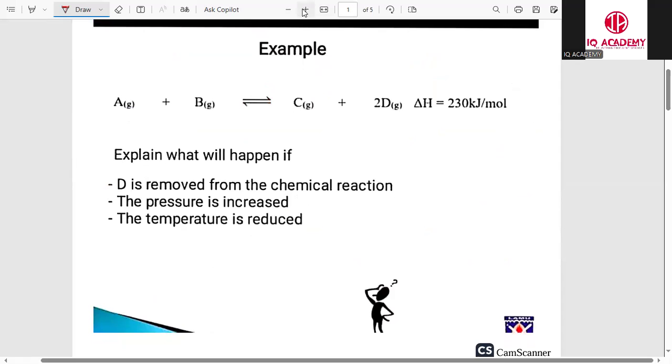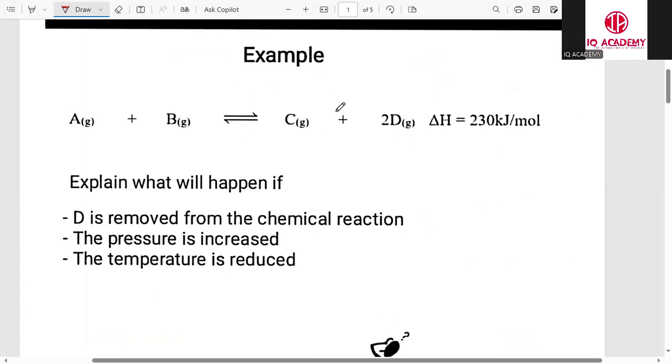Okay, so this is our next question here. Now, what are they asking here? In this example, they have given us an arbitrary reaction. A is reacting with B to form C and D. They have said we have two of the D's, one of the C's, one of the B, and one of the E. Then here, this is the most important part.